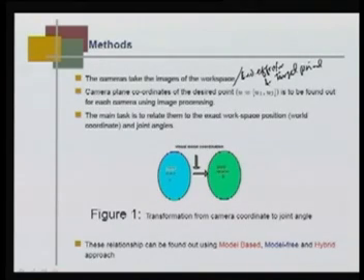So, given this camera input, camera gives you an image, and in the image you get where the object is in terms of some pixels, right.